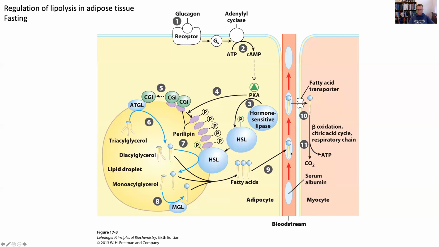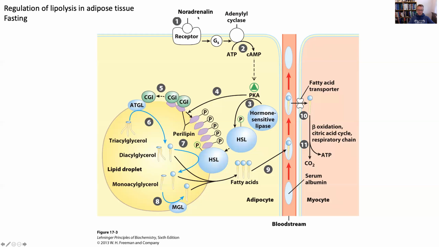And this is simply the reason why we see an increase in the concentration of fatty acids in our circulation when we enter a fasting or starvation situation, simply because the level of noradrenaline increases in or around the adipocyte.